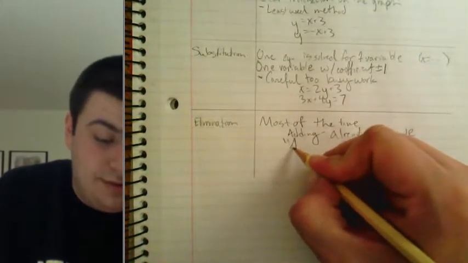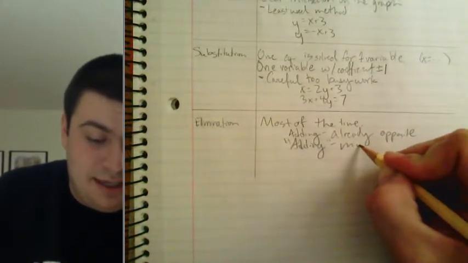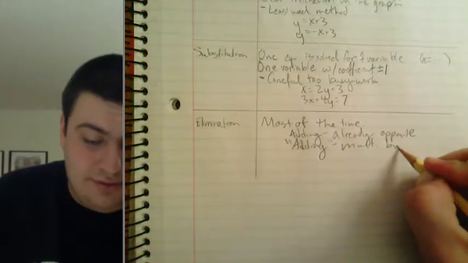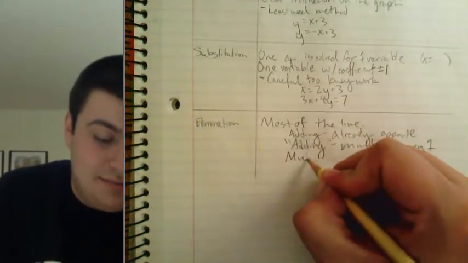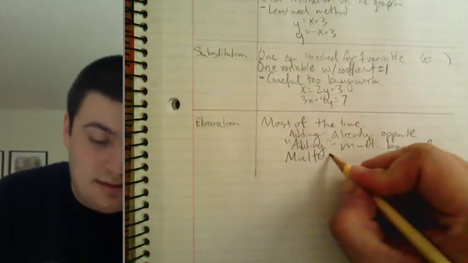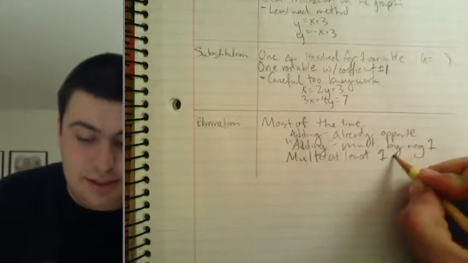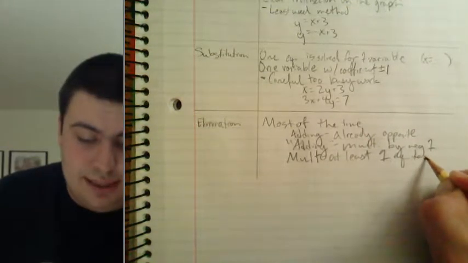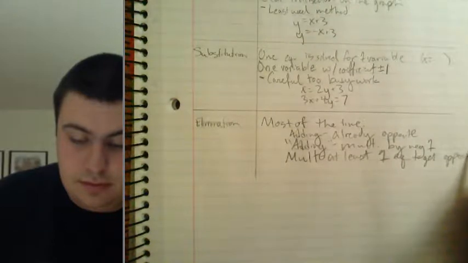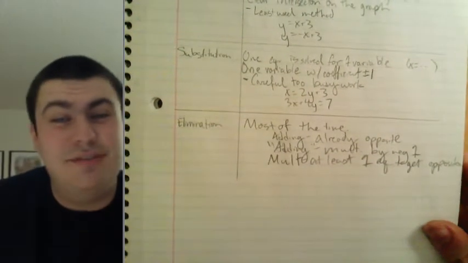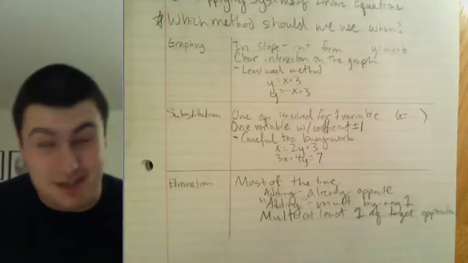Be careful when we're doing more adding and we have to multiply by a negative 1, and when we actually have to multiply at least one equation to get opposites. So just be careful with elimination. You are going to use that most often, but make sure you're doing it correctly.